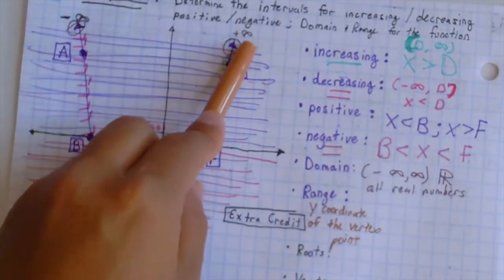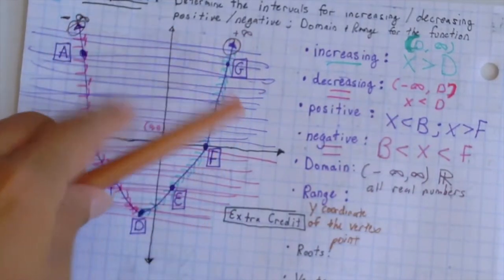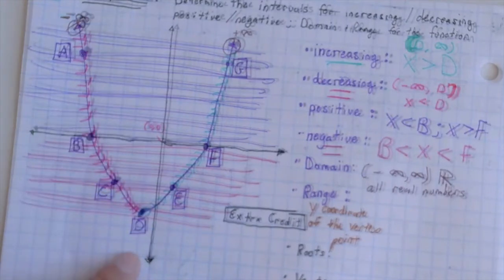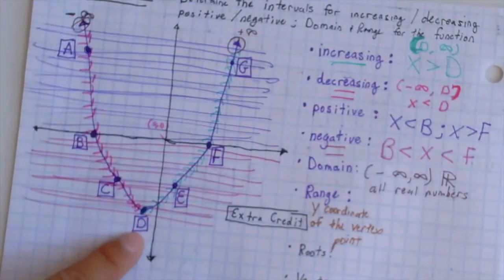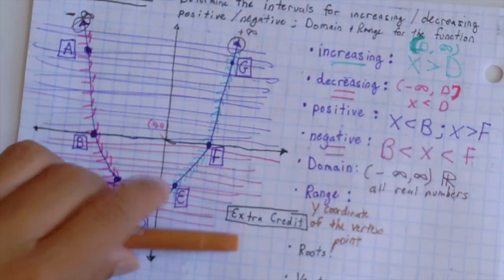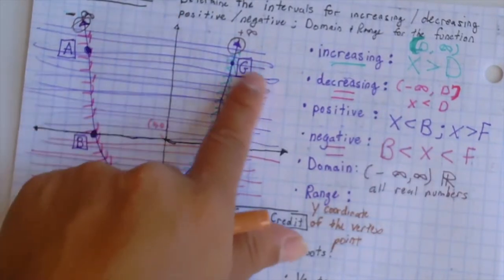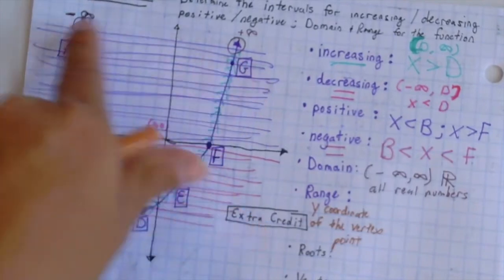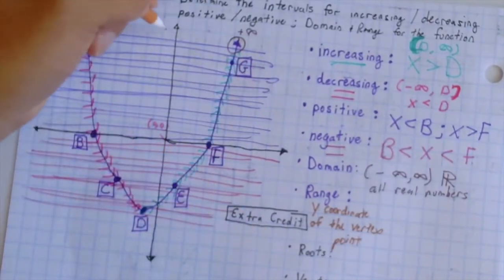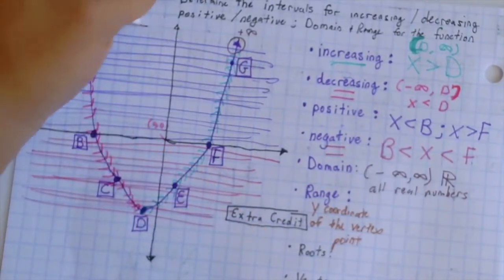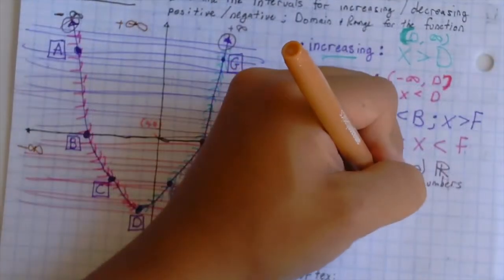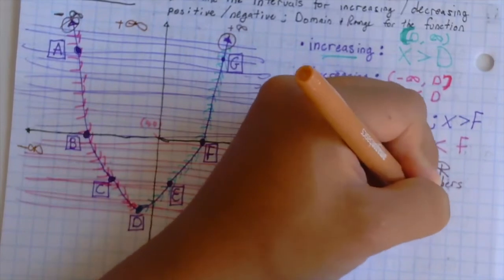It goes to infinity. Well, now we have to ask ourselves, from the y coordinate of the vertex point, just going upwards, does it ever end? Looking at the arrows, the answer is no. And this side of the graph is always +infinity. Now we write the range as y is greater than or equal to D.